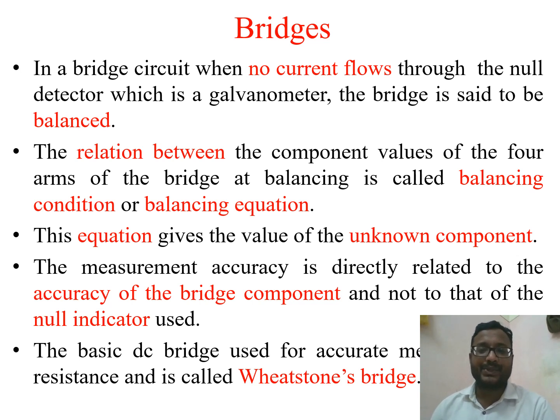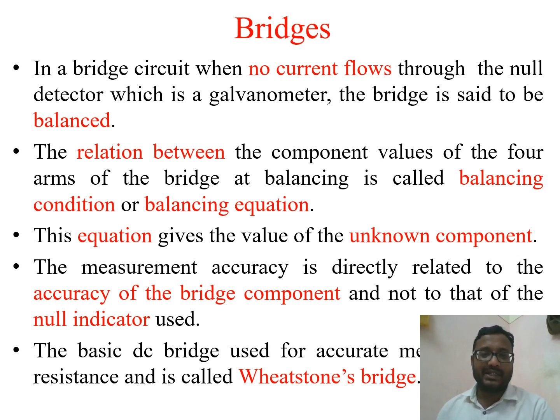In a bridge circuit, when no current flows through the null detector, which is a galvanometer, the bridge is said to be balanced. The relationship between the component values of the four arms at balance is called the balancing condition. From that we can calculate the unknown values.